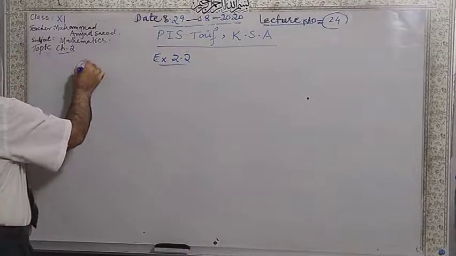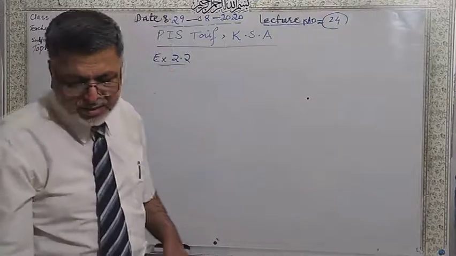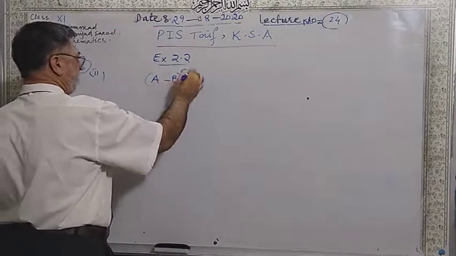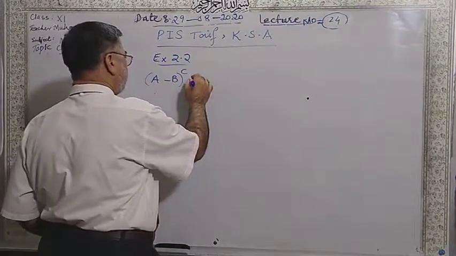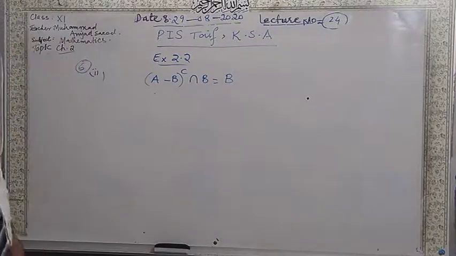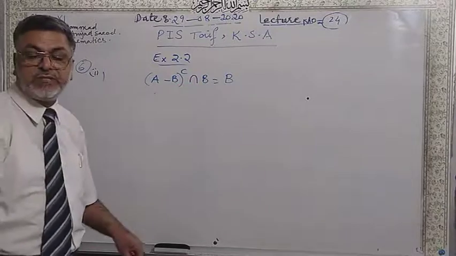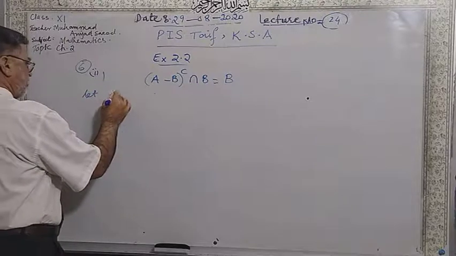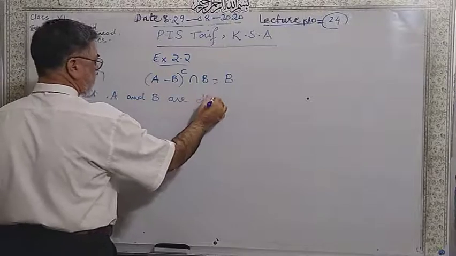Similarly, question number 6 part 2: A minus B complement, intersection B, is equal to B. Again, we are not given the nature of A and B, the relation between A and B. Let A and B be disjoint.